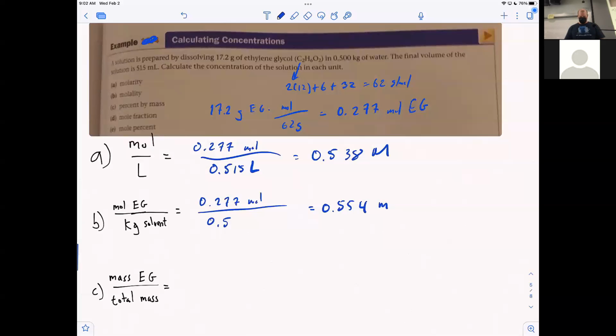Okay, so percent by mass. 17.2 grams ethylene glycol over the total mass, which is 17.2 plus 500 grams, times 100%.